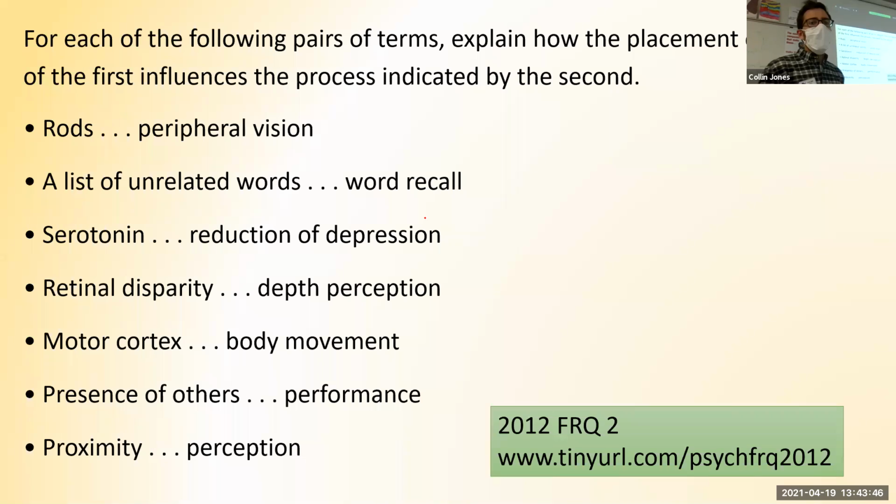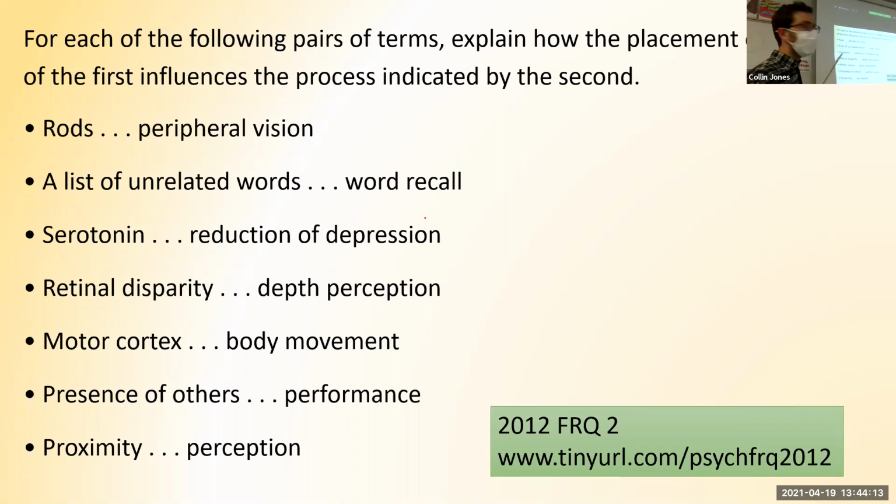The prompt said, for each of the following pairs of terms, explain how the placement or location of the first influences the process indicated by the second. It's worded really weird, but basically saying, how did the location of rods impact peripheral vision? How does the placement of words on a list impact your ability to recall those words?